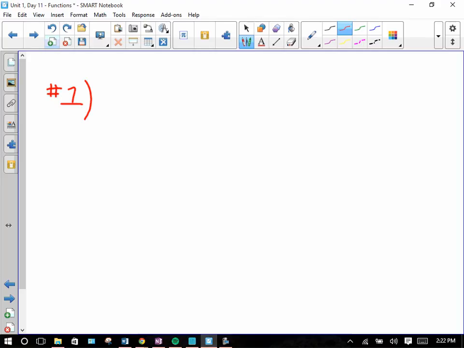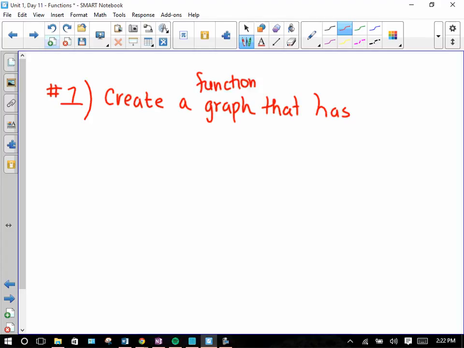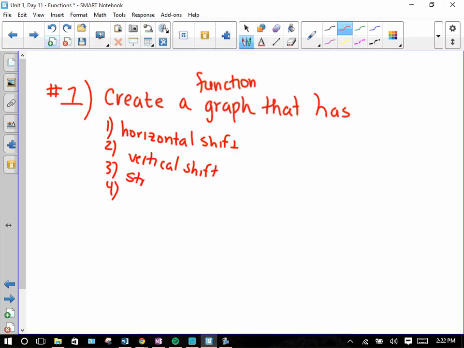So you need to create a graph and function that has 3 of these 4 things: horizontal shift, vertical shift, stretch, reflection.